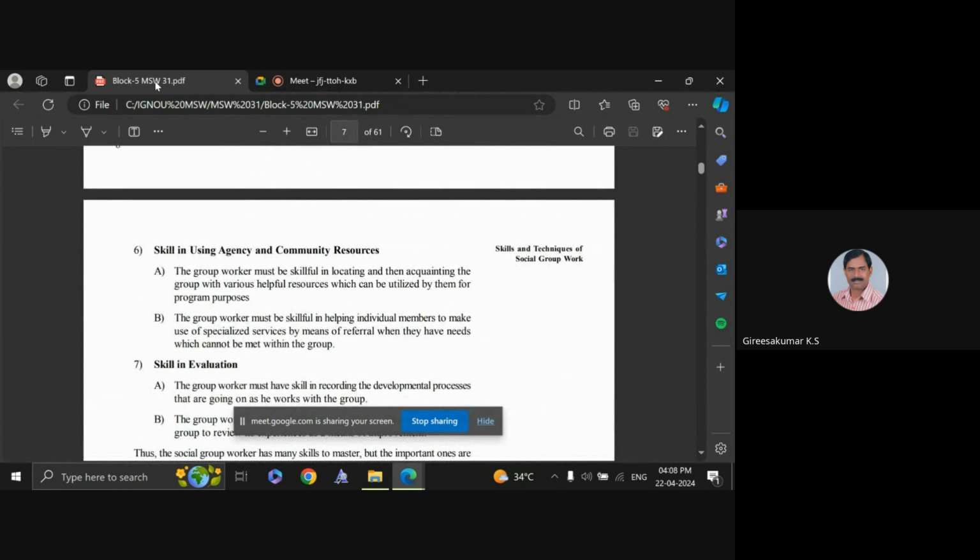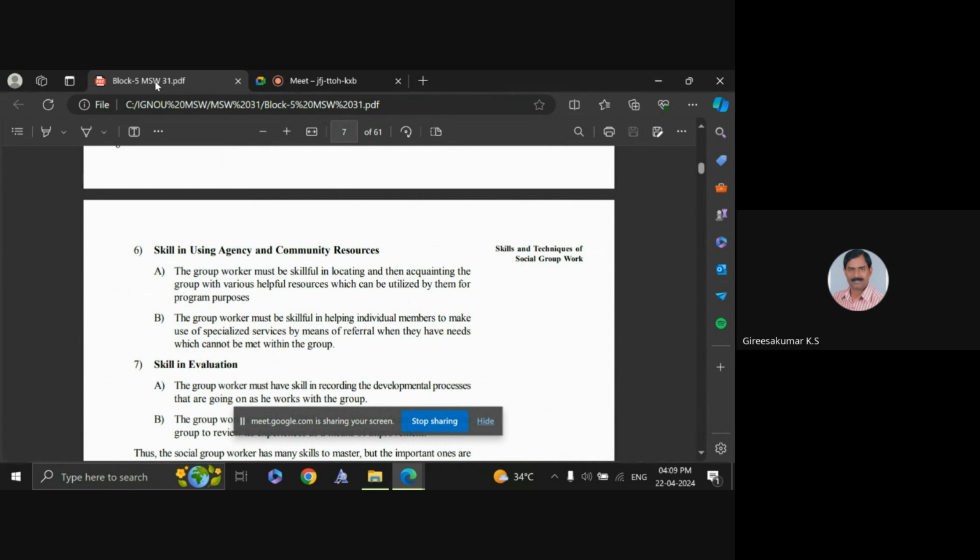Then skill in using agency and community resources. So there may be the need of community resources or agency help. At that time, he has to locate and then get the group acquainted with various helpful resources. In social work, we all know very well this agency help and community resources are very much necessary.